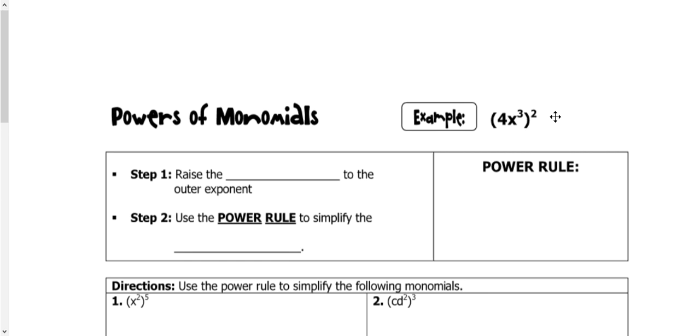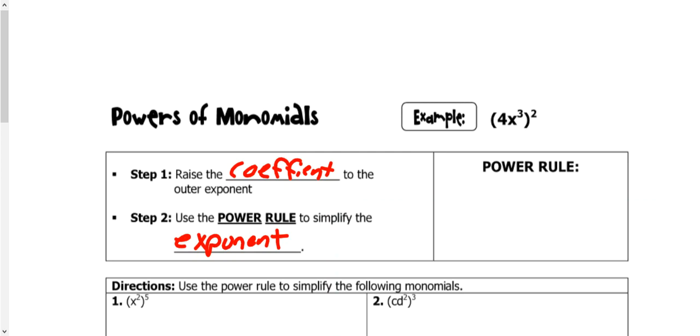So we have two steps we're going to look at, and then we're going to write our power rule. Step one is that we are going to raise the coefficient to the outer exponent. And step two, we use the power rule to simplify the exponent.